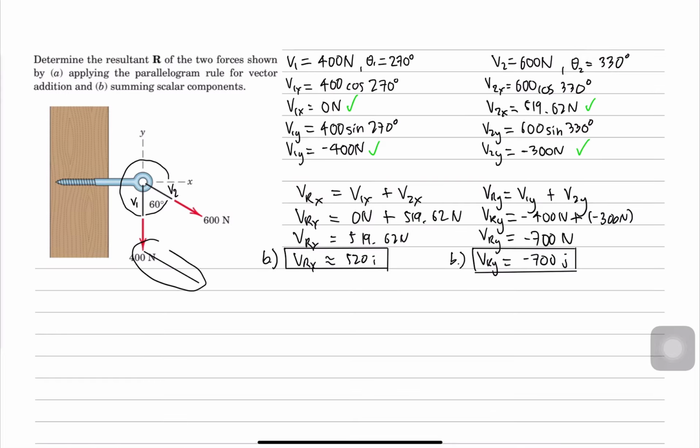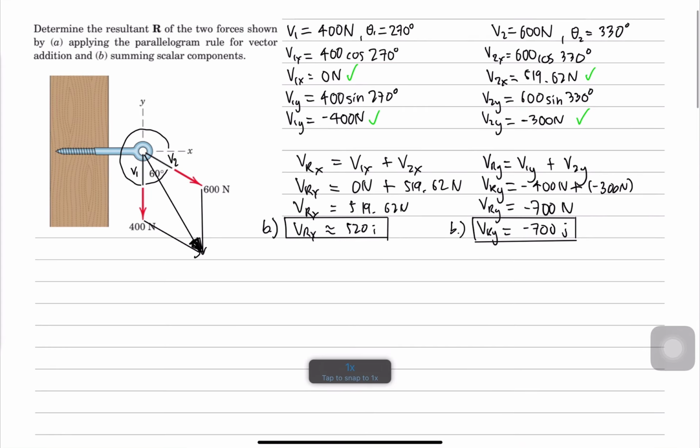This is vector 2, and we need to copy vector 1 on this side. Put some arrows. There you go. And then at the point where they meet, you draw the summation of vectors, which is right here. This is the resultant of these two vectors using the parallelogram rule.